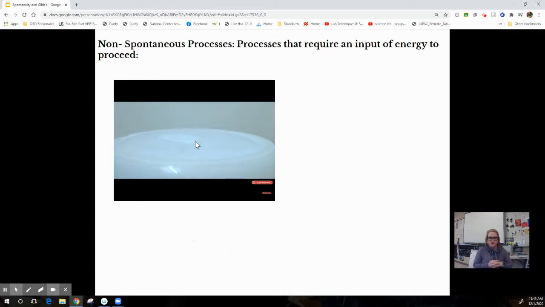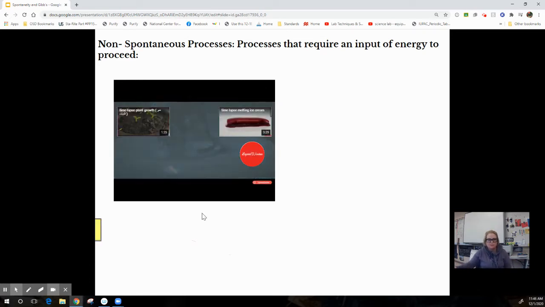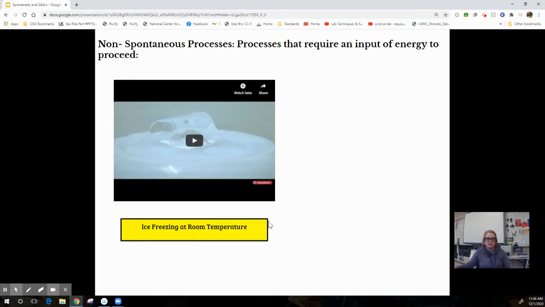There's just too much entropy present in the water because the particles are all over the place, and it's just statistically improbable for all those water molecules to reform into a solid lattice structure. So this is going to be a non-spontaneous process. Water will not spontaneously freeze at room temperature. This is like a video running in reverse.